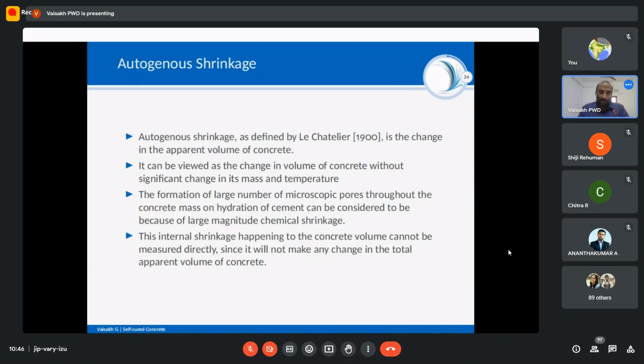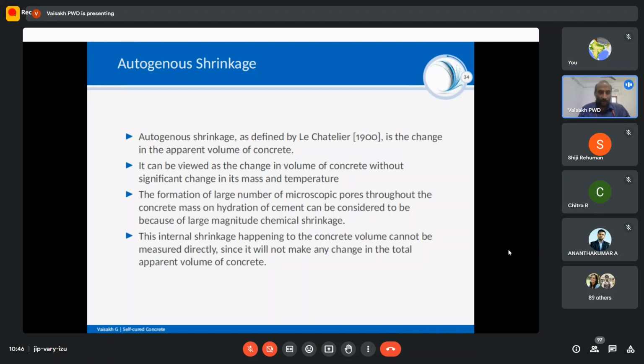Autogenous shrinkage is the change of apparent volume, as I mentioned earlier. The change of volume without significant change in its mass and temperature. This is actually happening due to the macroscopic pores throughout the concrete mass on hydration of cement, because of the large magnitude of chemical shrinkage.